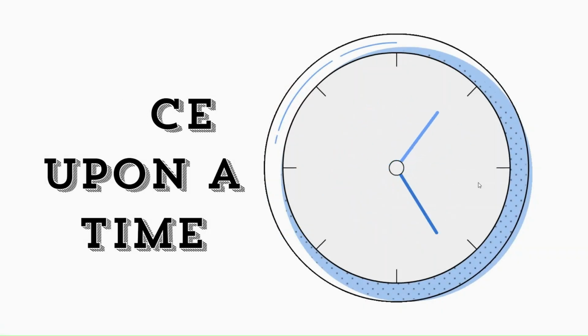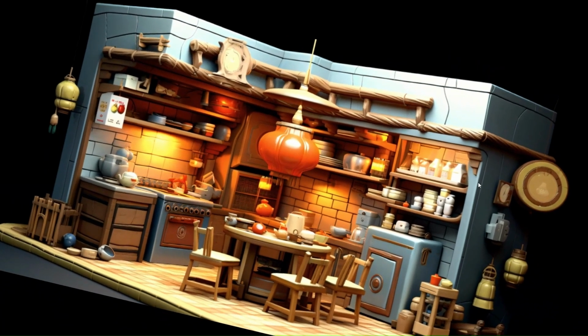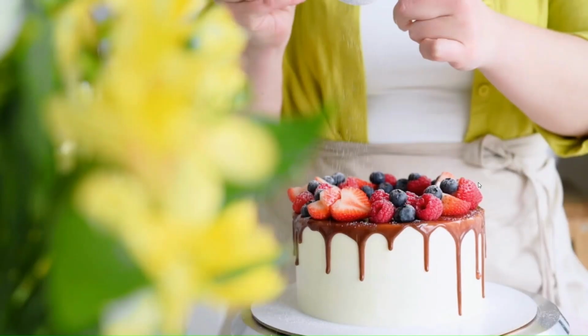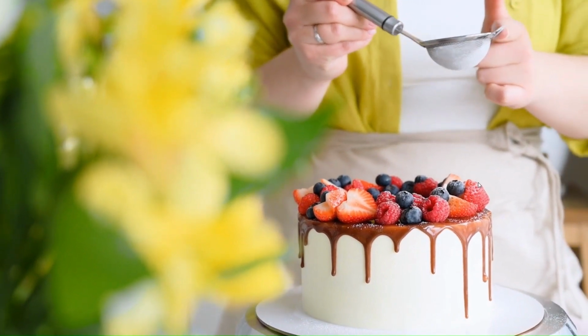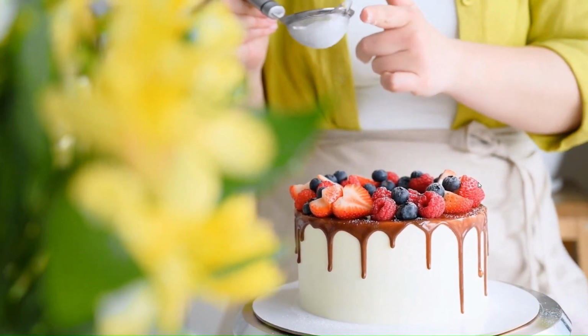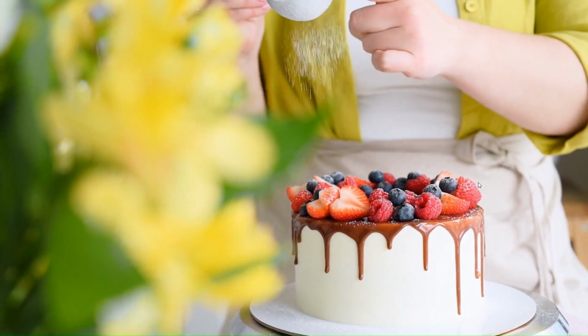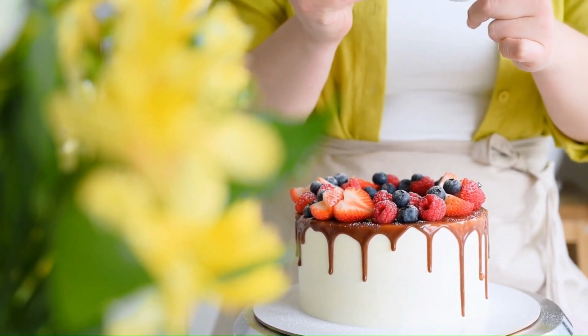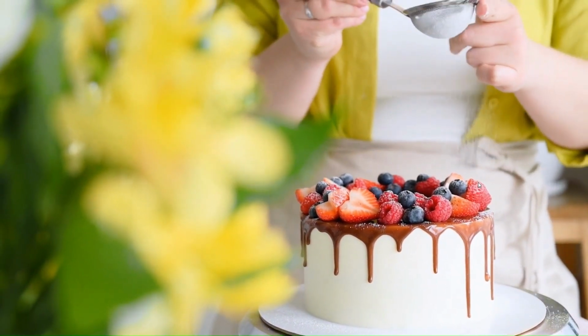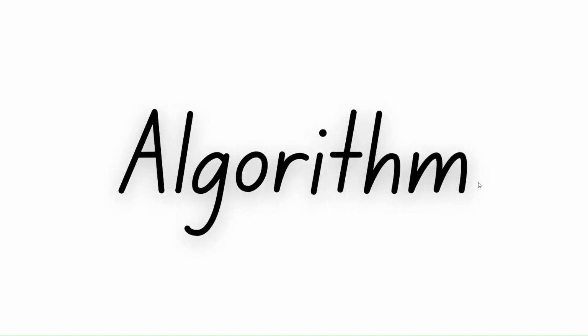Once upon a time, in a magical kitchen, there was a master chef named Olgo. Olgo was famous for making the best cakes in the land. He had a special recipe that he followed every time to make sure his cakes turned out perfect. So, this recipe is like an algorithm.